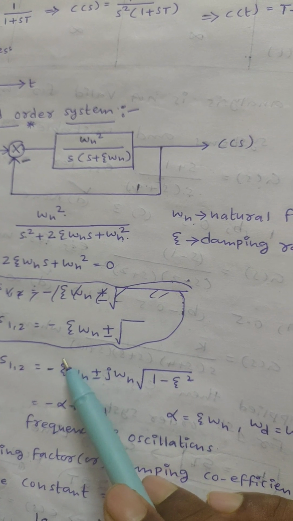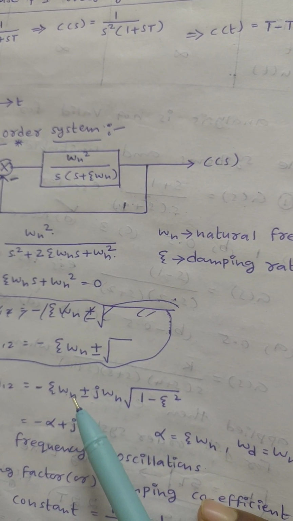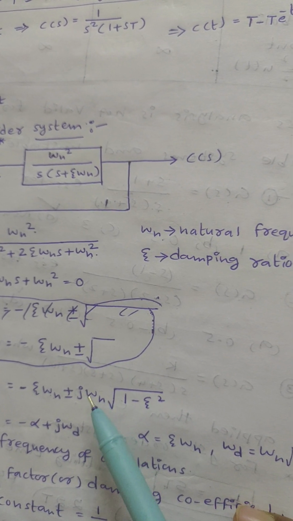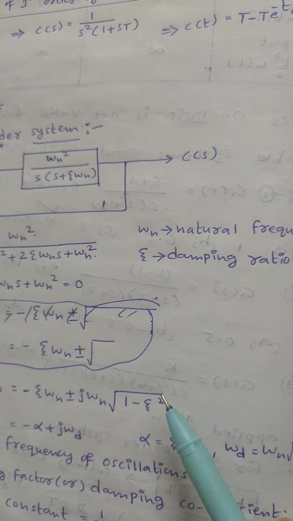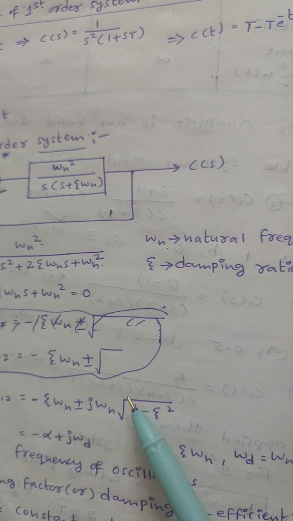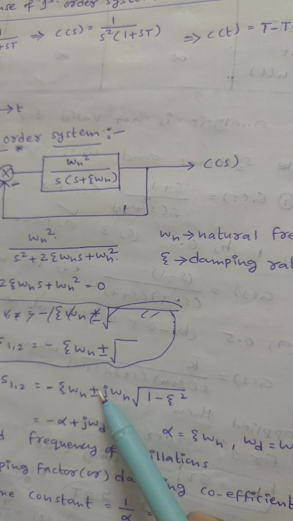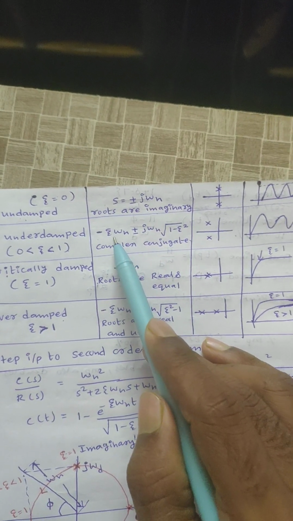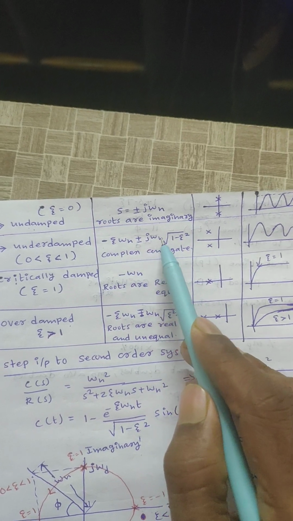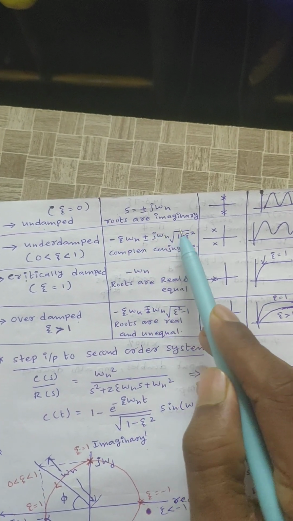From this equation, assume zeta is 0.1, that means minus 0.1 omega n plus or minus j into omega n times under root 1 minus 0.1 whole square, which is some value. That means you will get roots as minus some constant into omega n plus or minus j into omega n into some constant, that is real part plus or minus j into imaginary part.